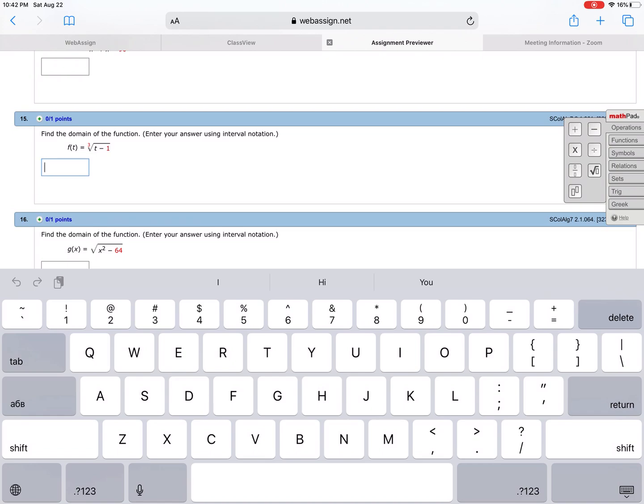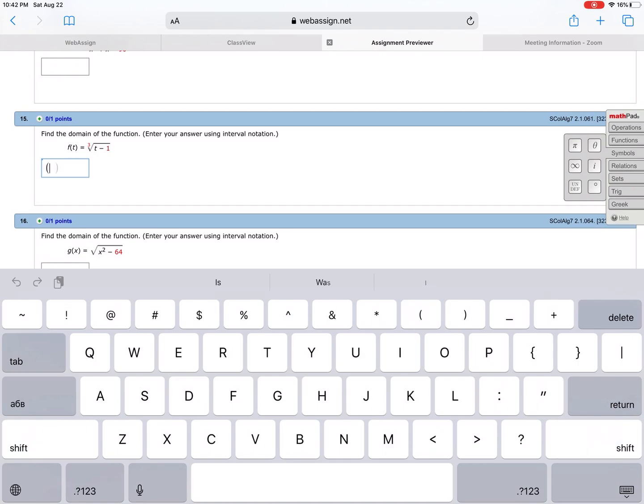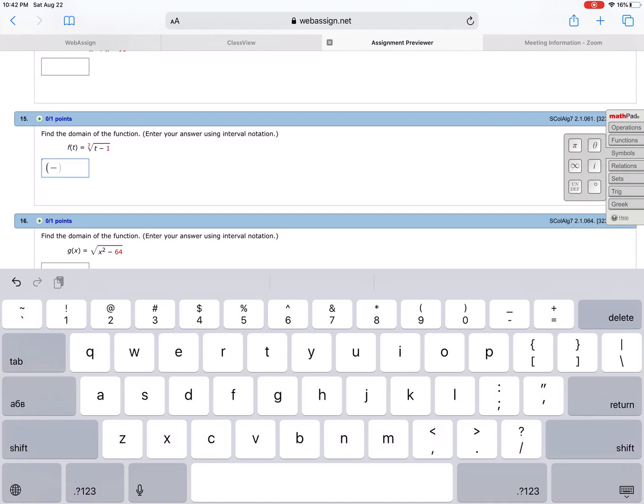So what I do when I want to type the infinity symbol into WebAssign, incidentally, it's in the symbols menu in the math pad, but I just go, so I need a parenthesis, so shift 9, and then negative infinity. So I'm going to type I, N, F, T, and as soon as I type the Y, oops, maybe I need to type out the whole word.